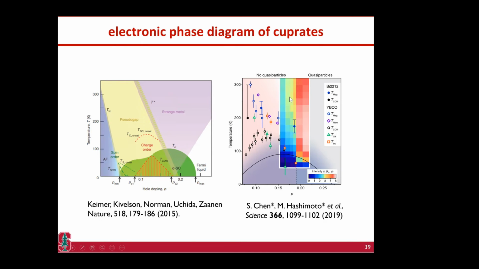This was also shown by Nigel, the spectral intensity at the Fermi level. So this is tilted a little bit in this range. So one will say that there seems to be a boundary in spirit in this material, and many of the things that happened here happen on this side of the phase boundary.